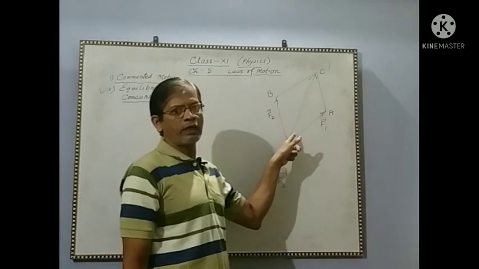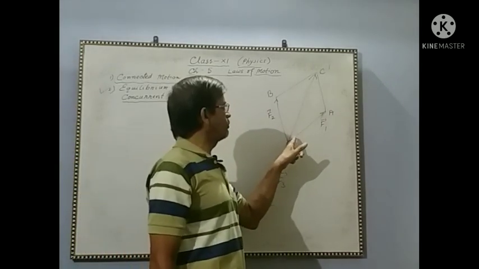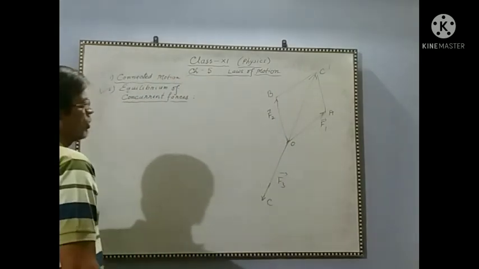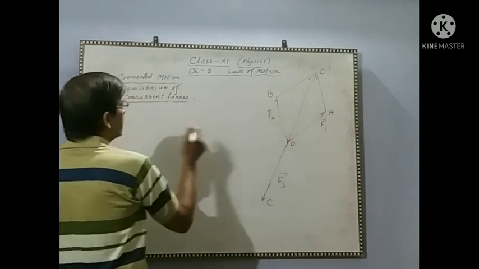So from this parallelogram OAC dash B, what will be the resultant of F1 vector and F2 vector?